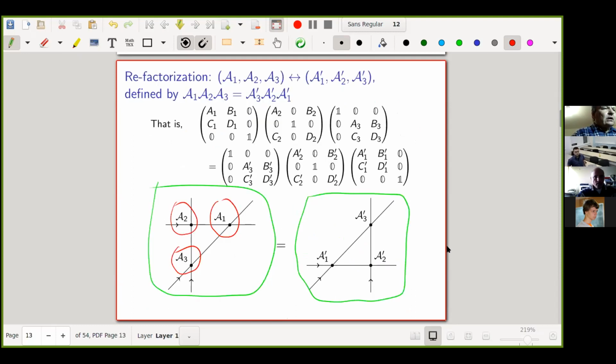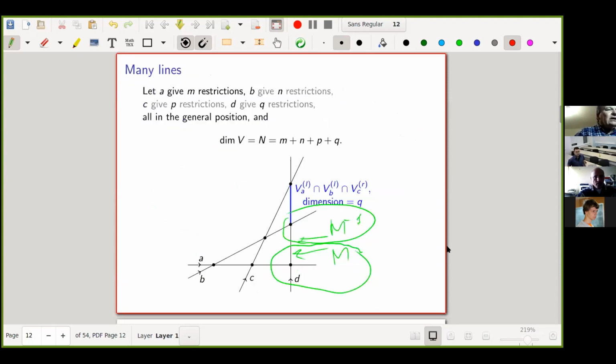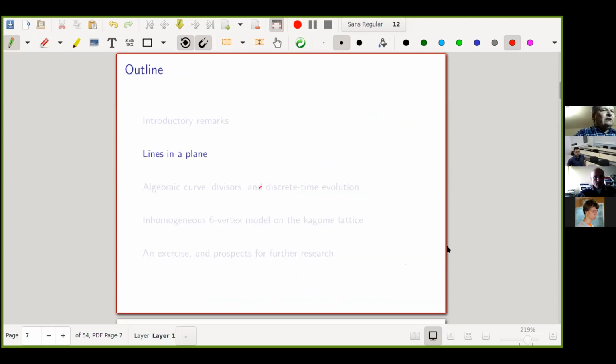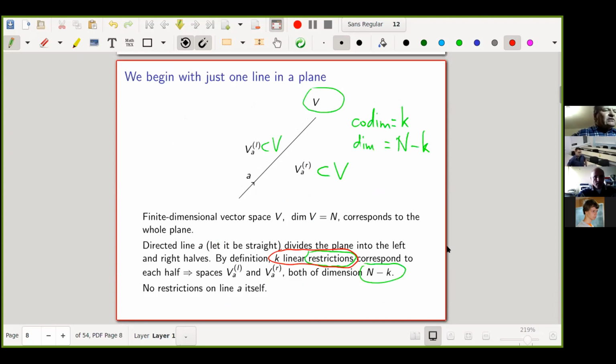Yes, I have two divisors. Here I did not speak about divisors, but I also have two different spaces, both of such dimension.